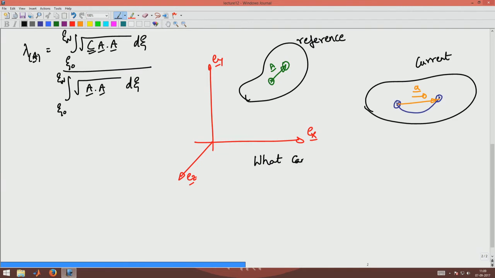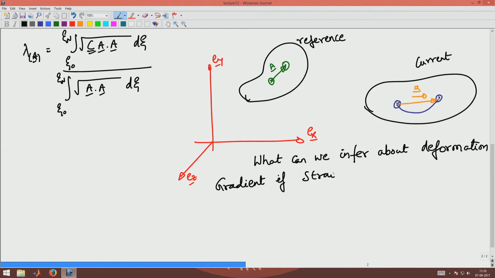What can we infer about the deformation gradient if straight lines deform into straight lines?